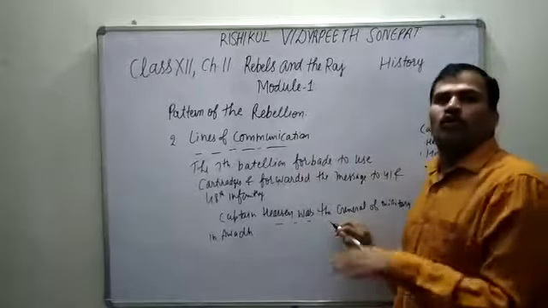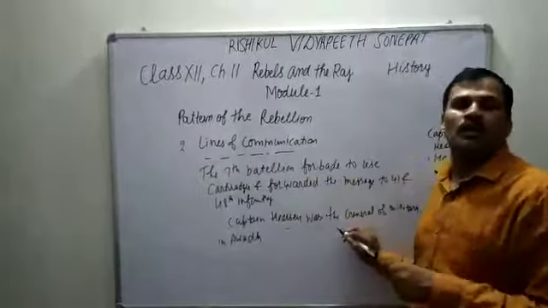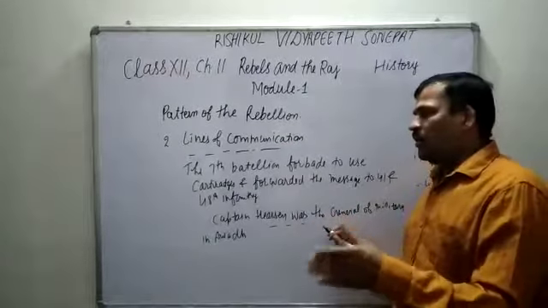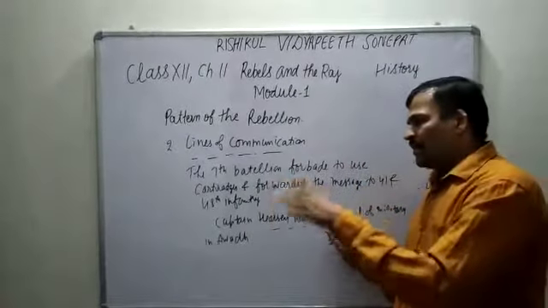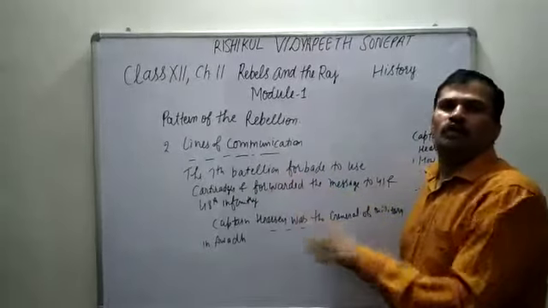The panchayats were called, and the common people, the mutineers, the sepoys gathered there and took the decision. So this was the planning, and some historians also say that such panchayats were also found in other areas of the country.